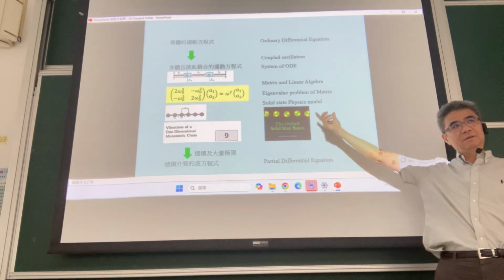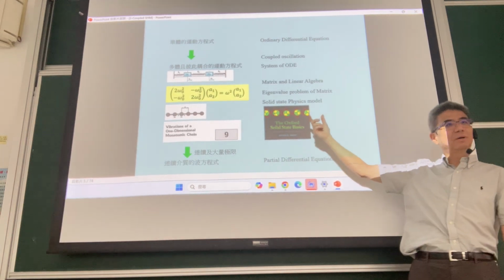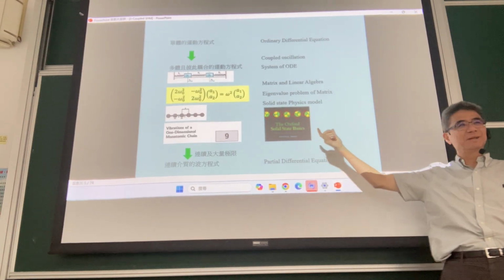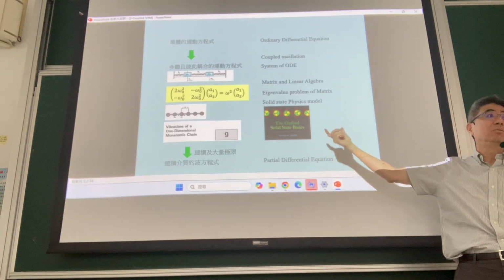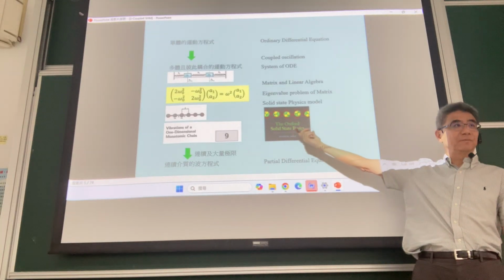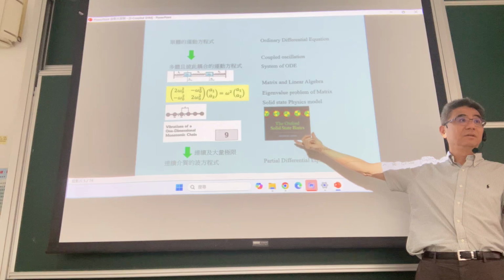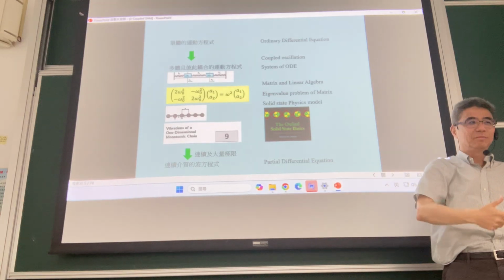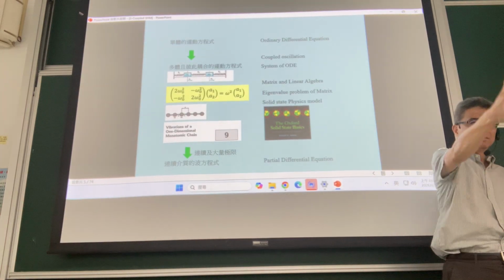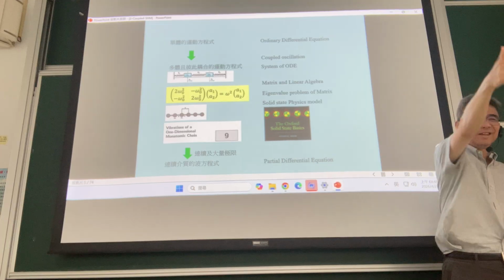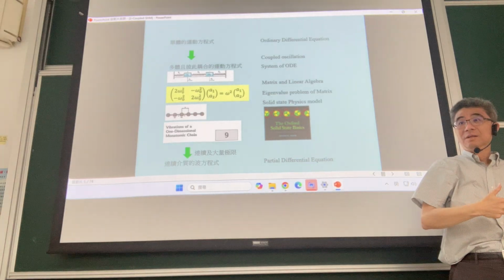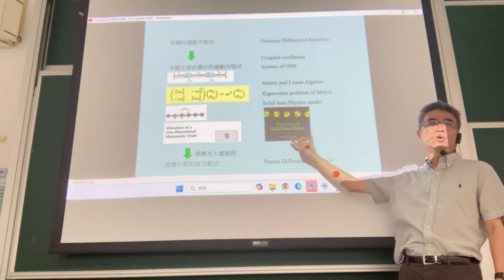And if you are intending to go to TSMC, solid state is almost the first step in that direction. After solid state, then maybe semiconductor, and then maybe some other company, and later TSMC. So this is in your future.